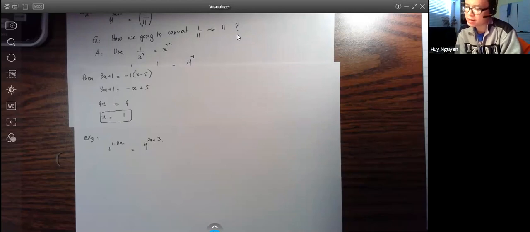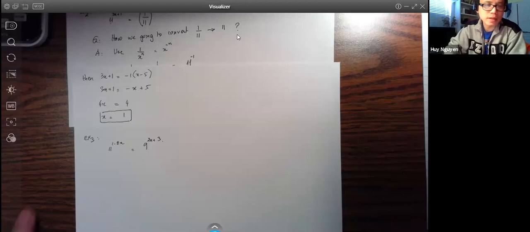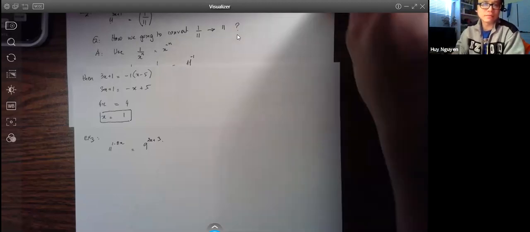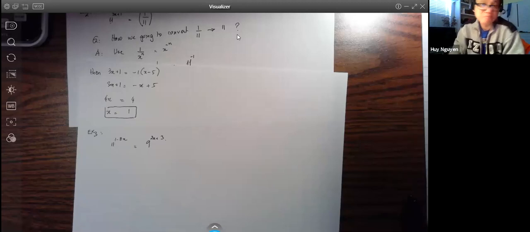And you start thinking, how am I going to bring 11 to 9 or 9 to 11? Is there any way we can convert 11 to 9 or 9 to 11 by using some exponential property we learned before?